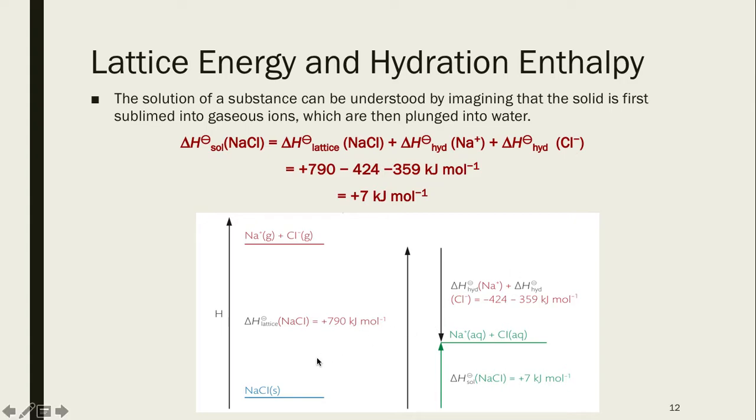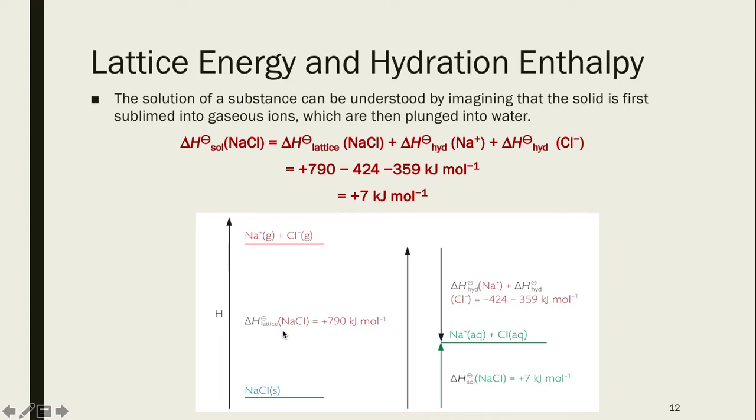Okay, we're going to start down in the corner with the sodium chloride. Okay, it is solid. So we can first imagine that we take that solid and we turn those solid ionic compound into gaseous ions. Okay, well, as we can see, the arrow is going up, and that is an endothermic process because that is our lattice enthalpy.